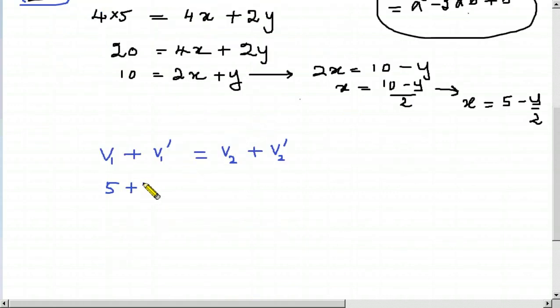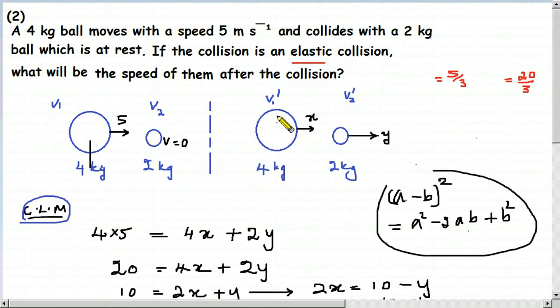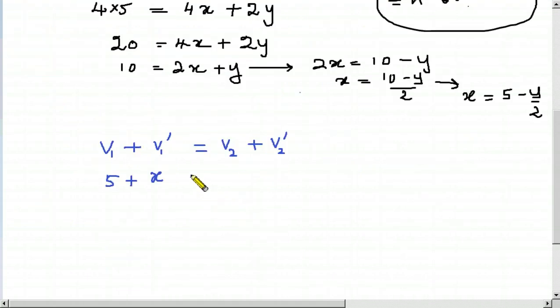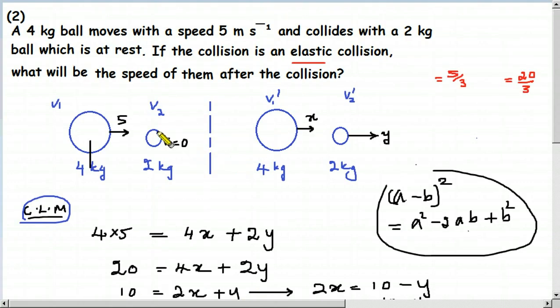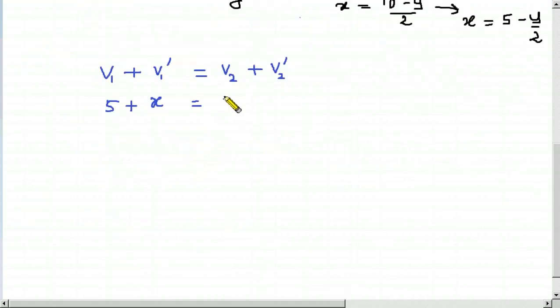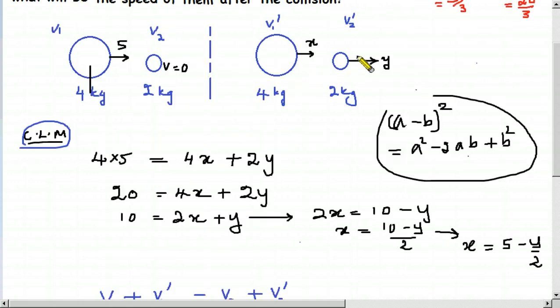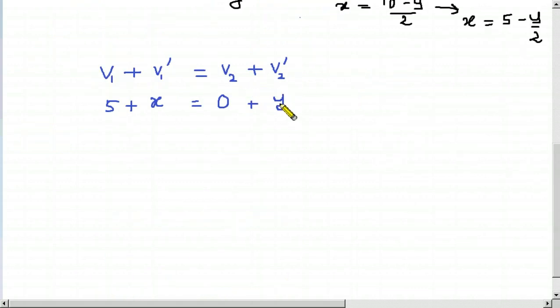So here x, the second velocity of the first ball, equals the first velocity of the second ball, this one 0, plus the second ball's second velocity, which is y. You don't have to use mass, so that is therefore easier.